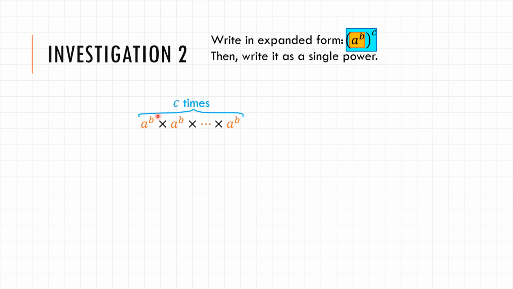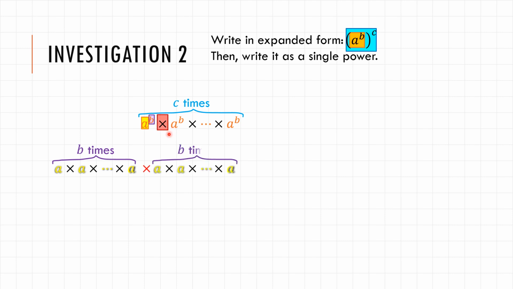And then each of these is a multiplied by itself b times, just like that. Multiplied by a multiplied by itself another b times. Multiplied, and then we keep going. I'm not sure how many of these there actually are, but each group will end up being the same size.